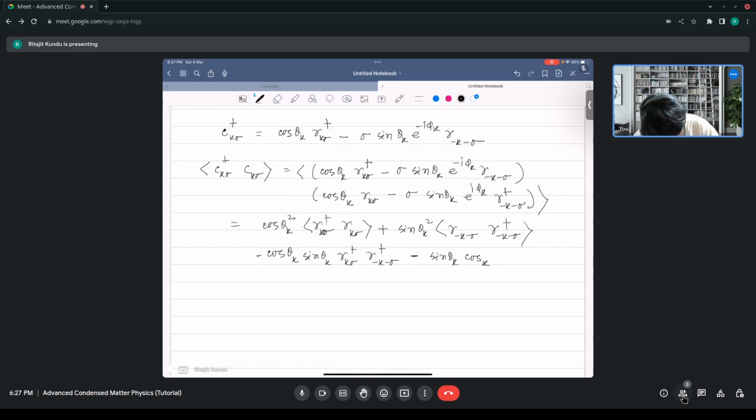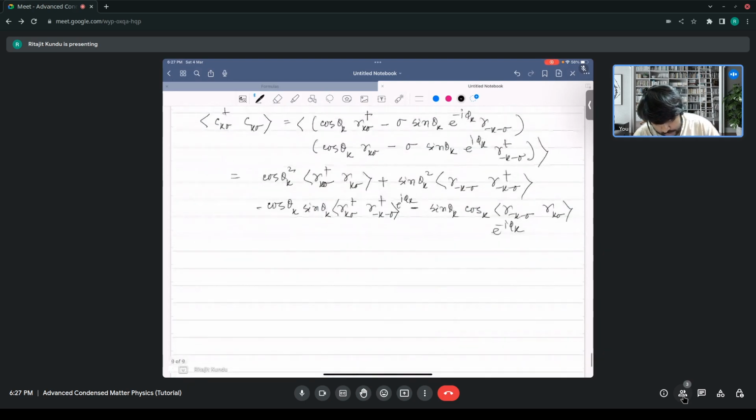I missed one e to the i phi k here. And the other expectation, gamma minus k minus sigma gamma k sigma, and there is also e to the minus i phi k.